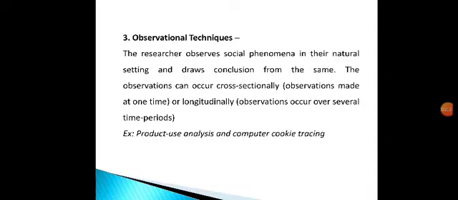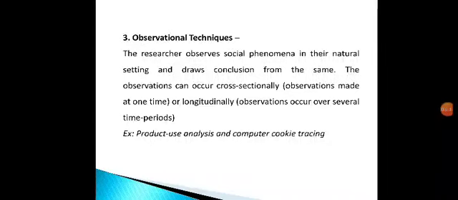And the third type is observational techniques. The researcher in this technique observes social phenomena in their natural settings and draws conclusions from the same. It is also known as field research.